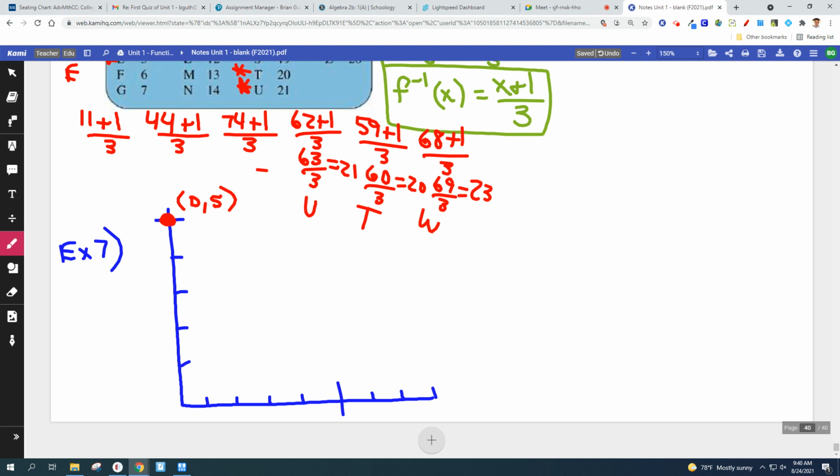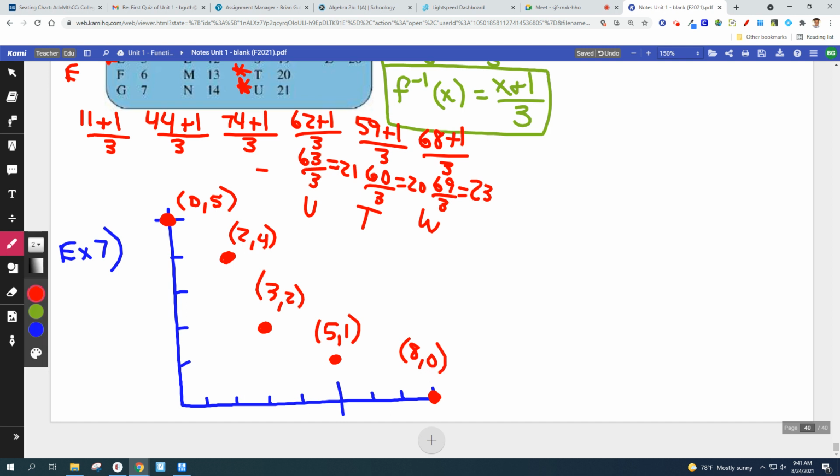And I'm going to have a point at (2, 4), (3, 2), (5, 1), and (8, 0). So let's connect the dots. It's going to look like this.